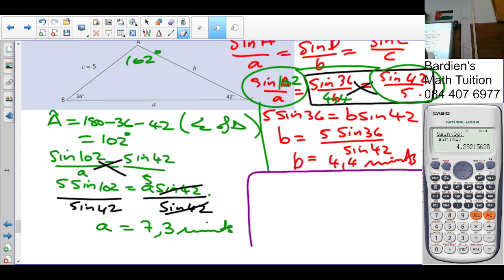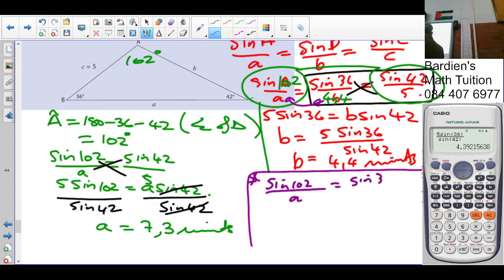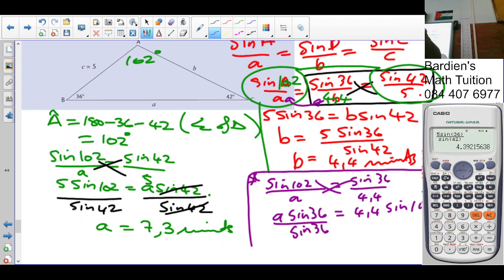See here what happens if I calculate with B. If I go with these two, it's going to be sine 102 over A is equal to sine 36 over 4.2. Cross multiply, so it's going to be A sine 36 is equal to 4.4 sine 102, sorry. Divided by sine 36, so put this in the calculator, Michael.